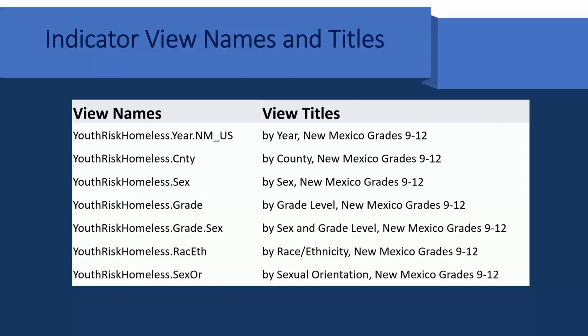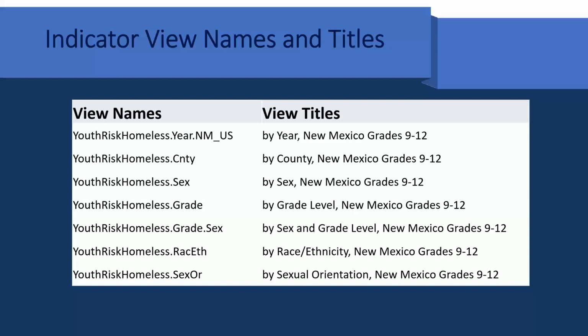And so here are the view names that I created for youth risk homeless: year, county, sex, grade, sex, race, ethnicity, and sexual orientation. And here are the view titles. So in the old IBIS 2.3, the view title had 2 parts, a main title and a subtitle.